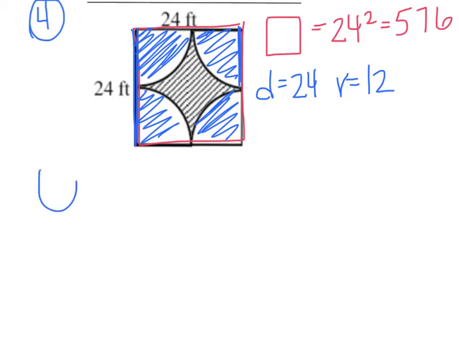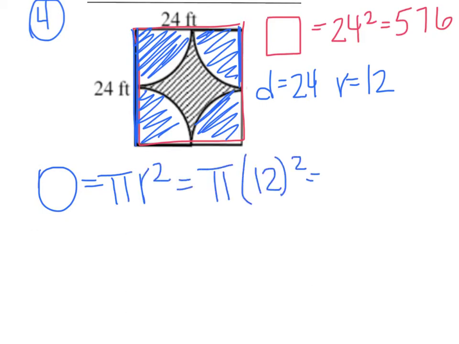So to find the area of our circle, we're going to do pi times the radius squared, which equals pi times 12 squared. So 12 raised to the second power is 144 times pi is 452.389.